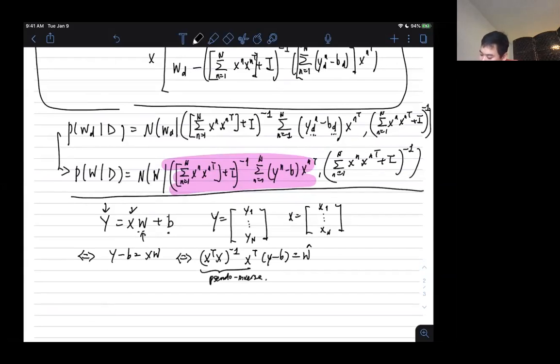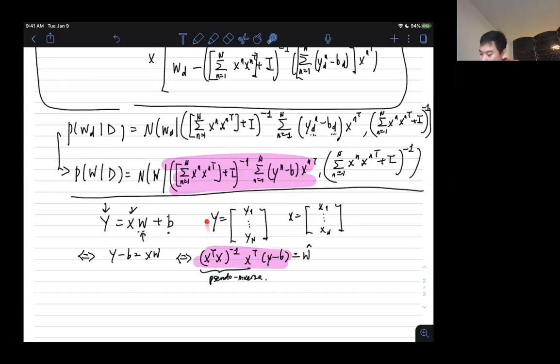And then let's compare this against what we got above. Now, what you notice here is that they essentially look exactly the same. So this term, yn minus b, is here. And then I have the xn transpose, that's here. And then we have the xn times xn transpose here, and then that is inverted.